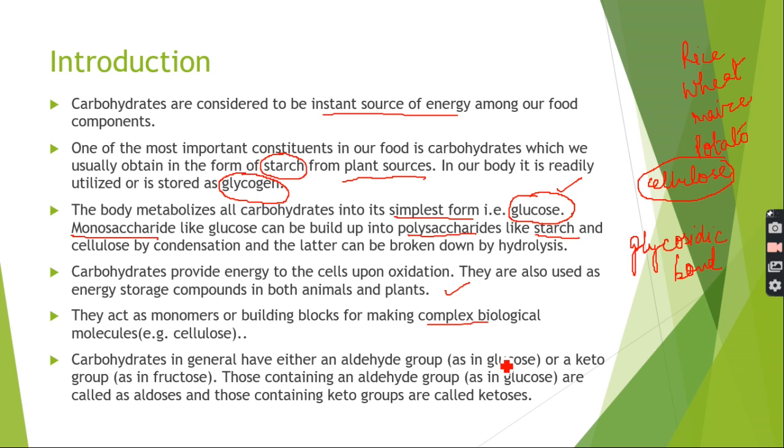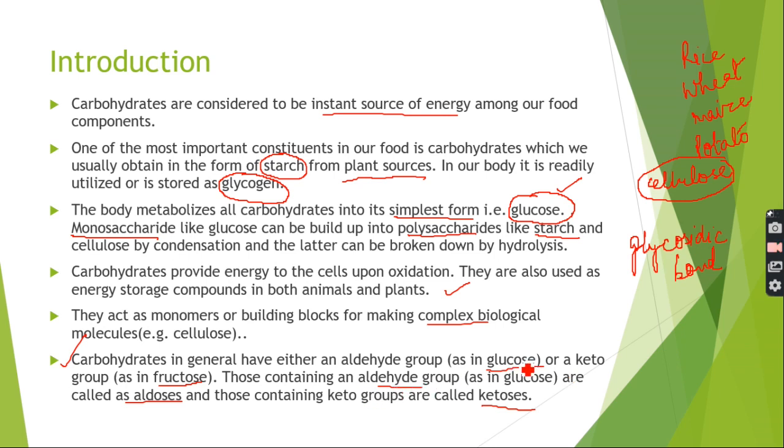Before we start with the classification of carbohydrates, you can see over here that carbohydrates will either have an aldehyde group, as in the case of glucose, or a keto group, as in the case of fructose. Generally, the sugars containing an aldehyde group are called aldoses, and the ones containing a keto group are called ketoses.